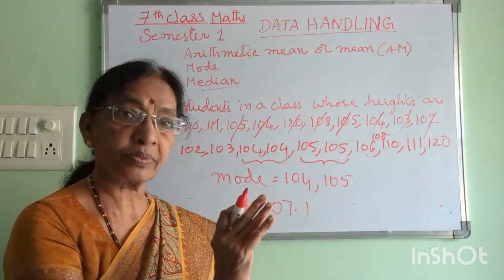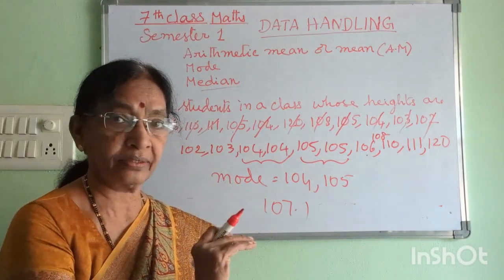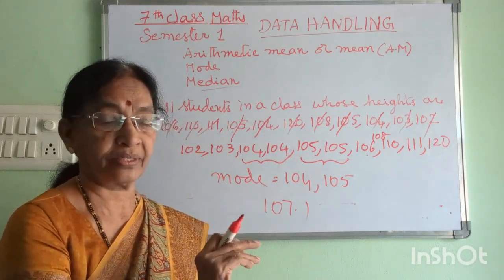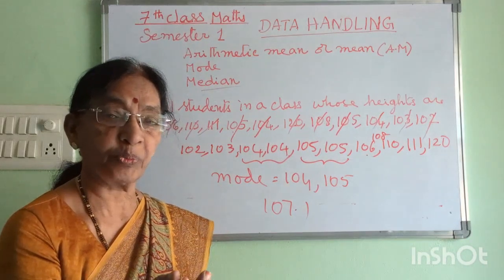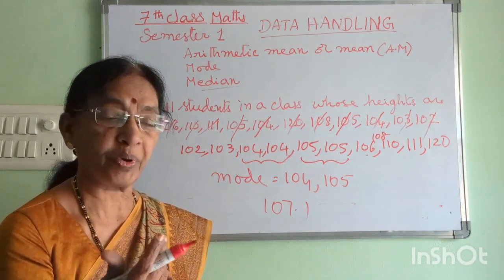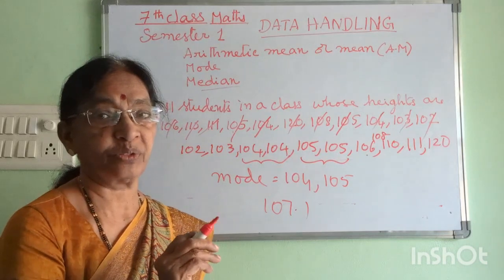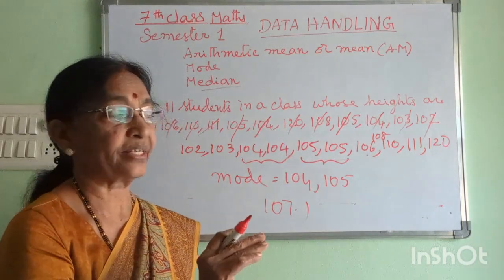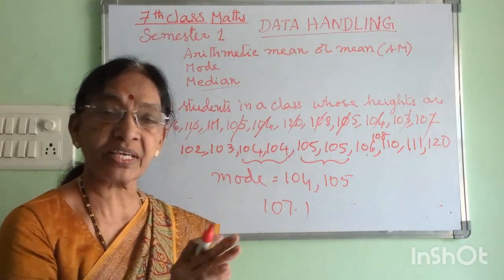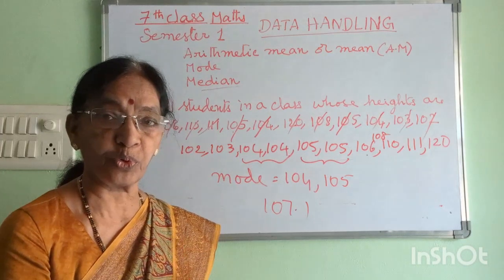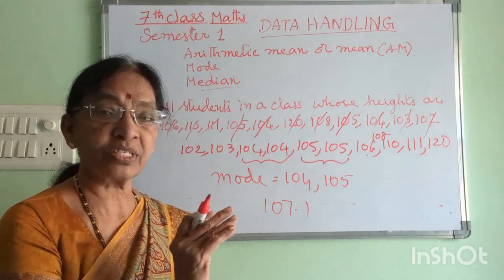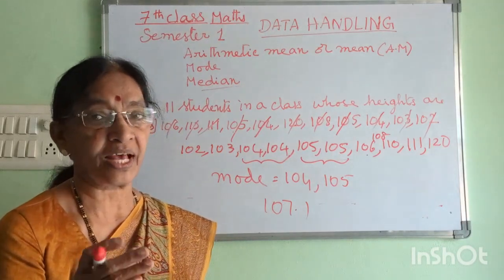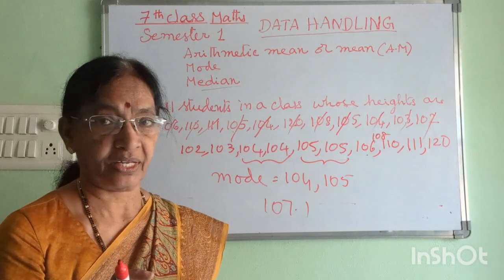That is, all the observations in one group are less than the median, and the observations in the other group are greater than that particular value, which we call the median. So median is a number which divides the observations into two groups.